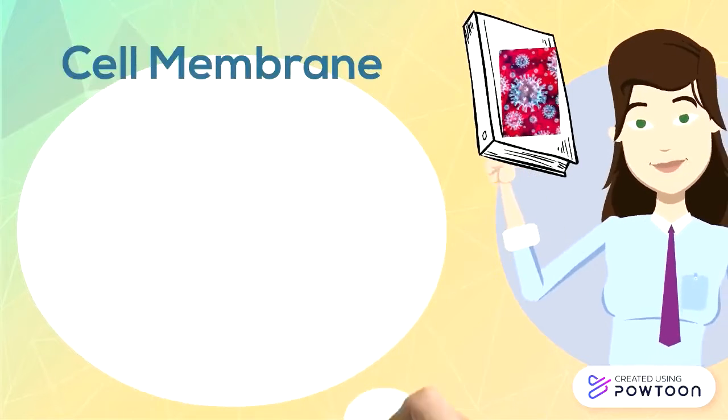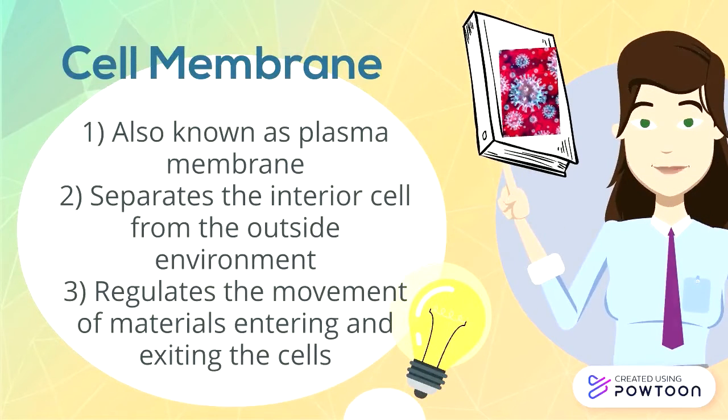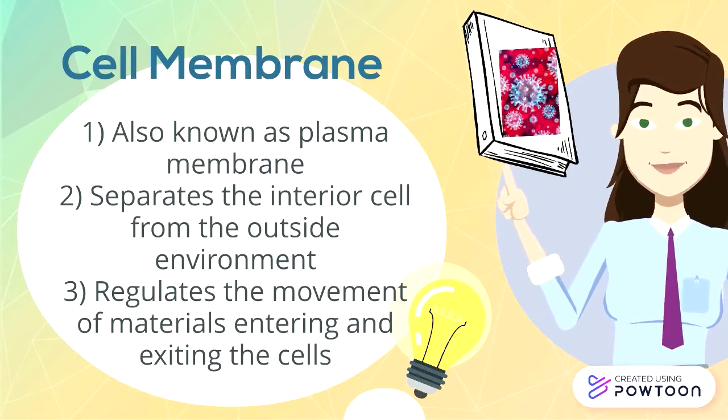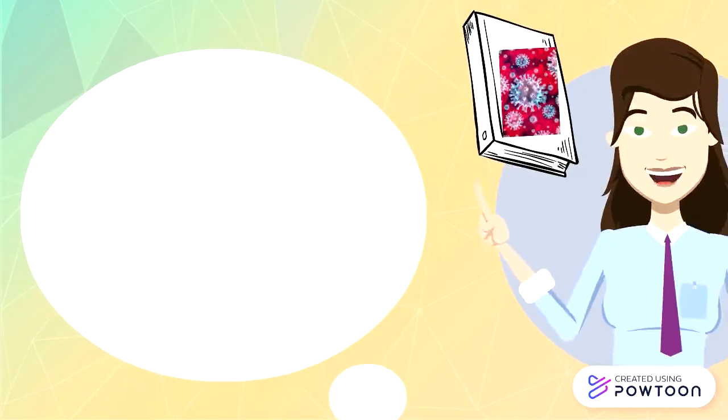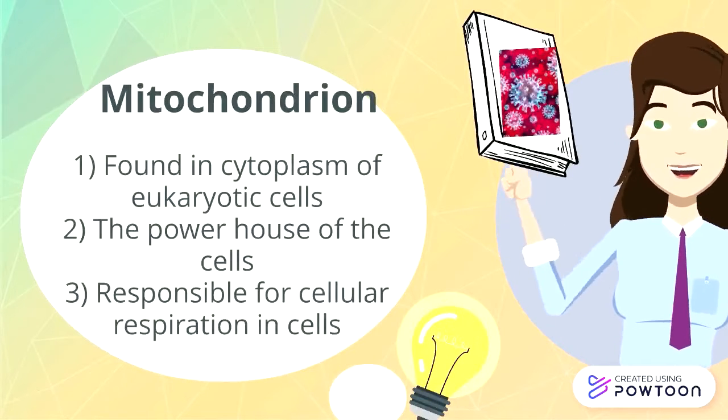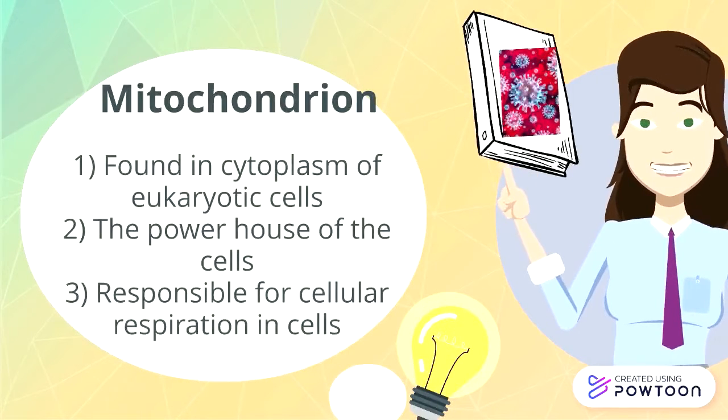Cell membrane, also known as plasma membrane, separates the interior of the cell from the outside environment and regulates the movement of materials entering and exiting the cells. And the last one is mitochondrion, found in the cytoplasm of eukaryotic cells, the powerhouse of the cells, responsible for cellular respiration in cells.